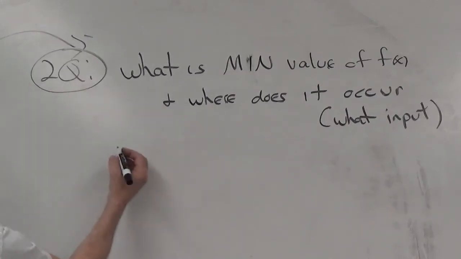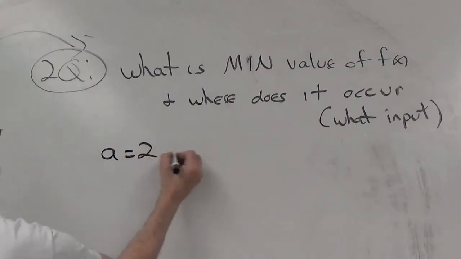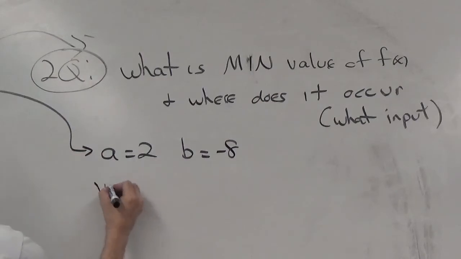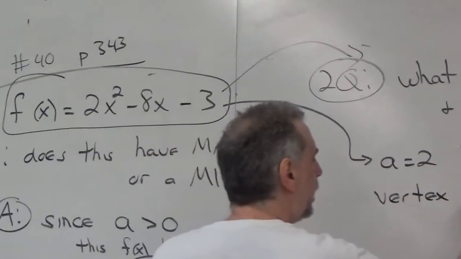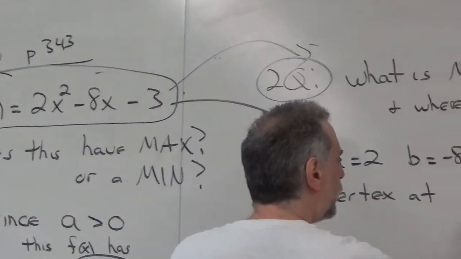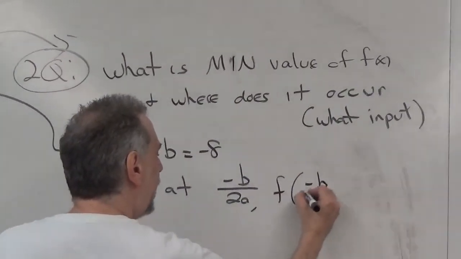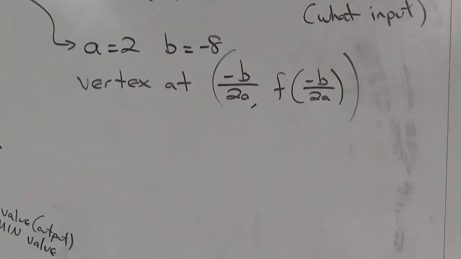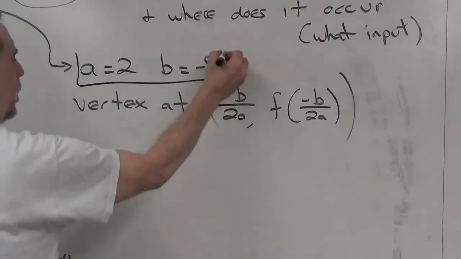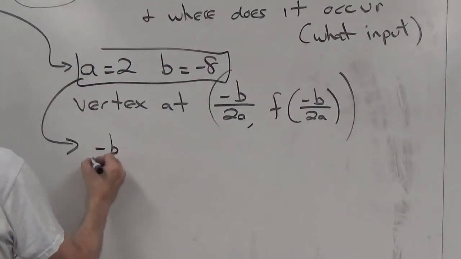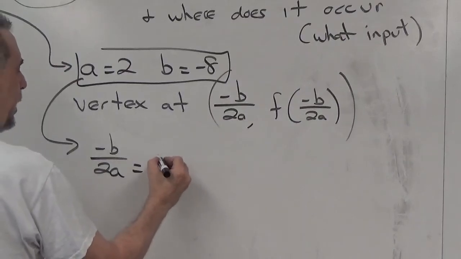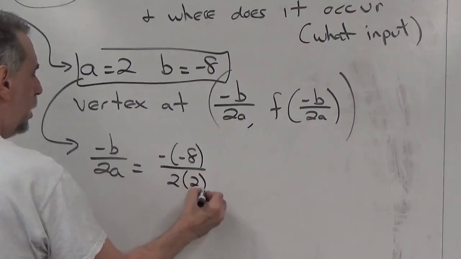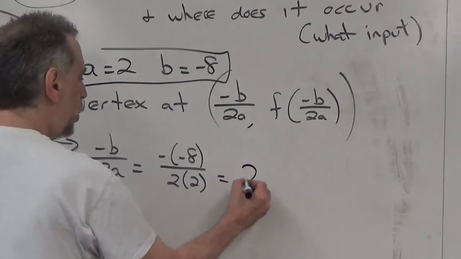Okay, so we're looking at this function here. We're saying a is 2, b is -8. So the vertex, remember, is at -b over 2a, and then the function evaluated for that value. So we just got to come up with that value using this. -b over 2a is going to be 8 over 4, or 2.